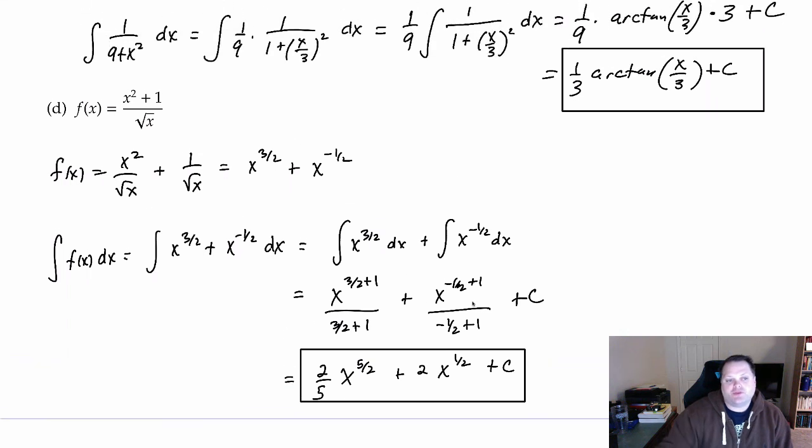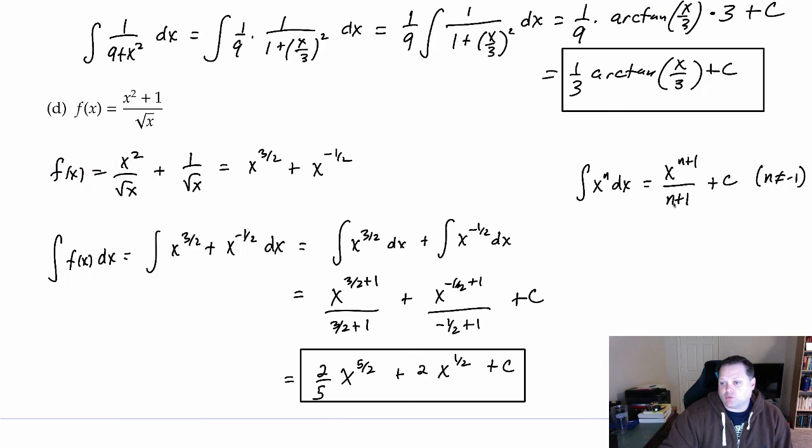So be mindful that anytime you have square roots, roots of any kind, polynomials running around, algebraically you may be able to simplify it to where you can just use the power rule on the problem. So just a reminder, the power rule is x to the n plus 1 divided by n plus 1 plus c, and this assumes that n is not negative 1.